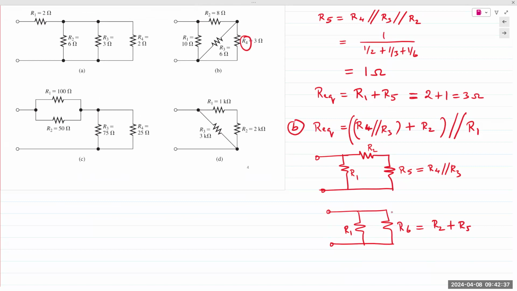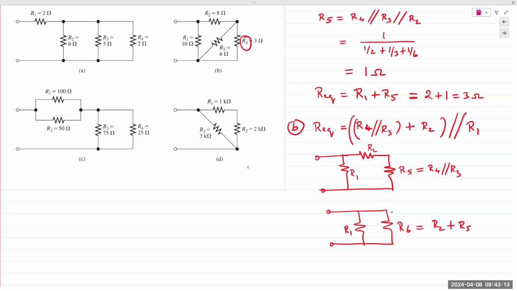R6 is just my notation for R2 and R5 in series. No, it's basically just for theoretical analysis. It's a mathematical combination of the other 3 resistors. Because R5 is a combination of R4 and R3, and then R6 is a combination of R2 and R5. So it's the other 3 resistors in combination.